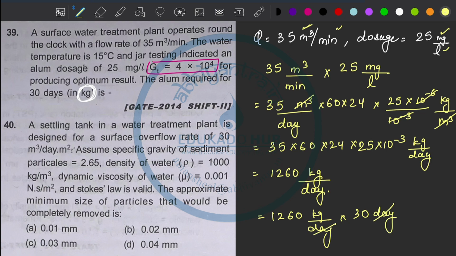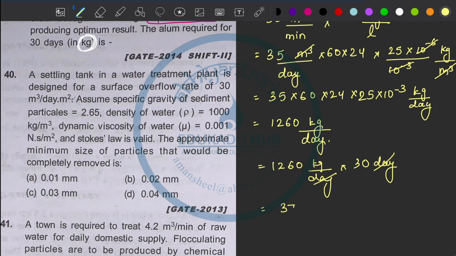So the days get cancelled out. I get the answer as 37800 kg of alum will be required in a month, or we can say 30 days. So the answer will be 37800.